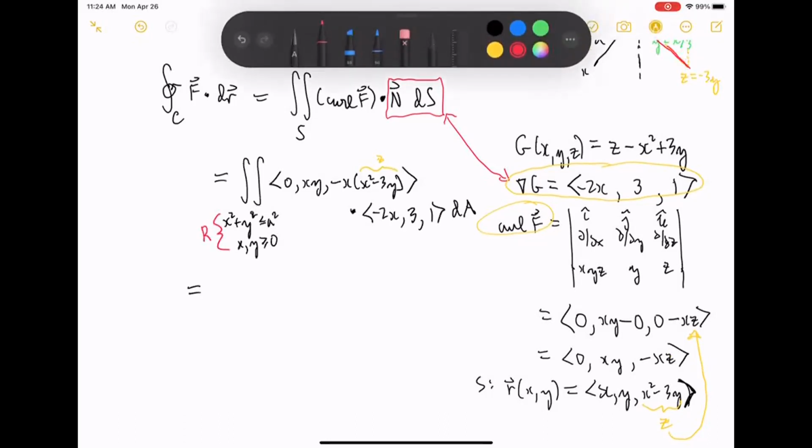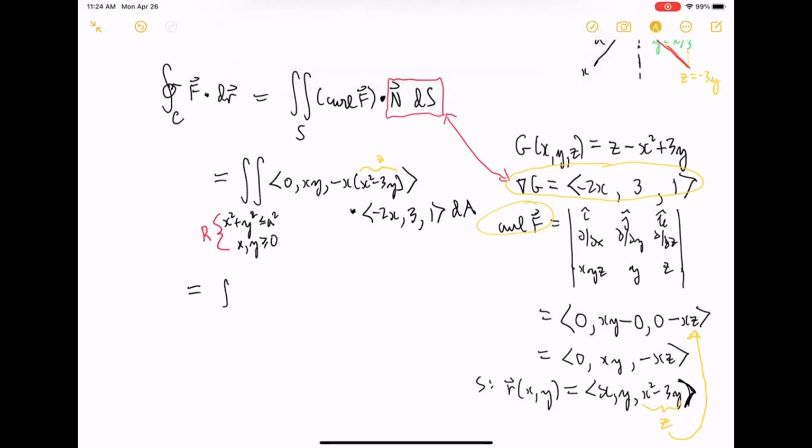So this is going to be the double integral over R of what? Well, 0 times negative 2x, that's gone. I'm going to have 3 times xy when I take this dot product. And then I have minus x times x squared minus 3y. Don't you see what's going to happen here? What am I going to end up getting here?